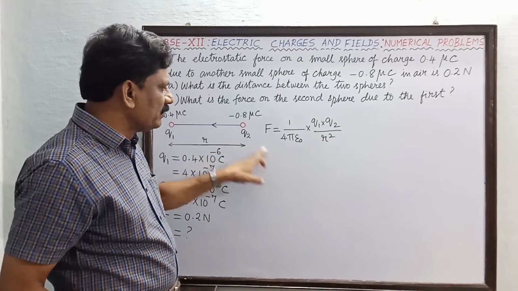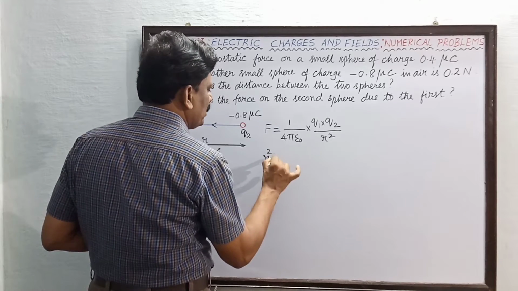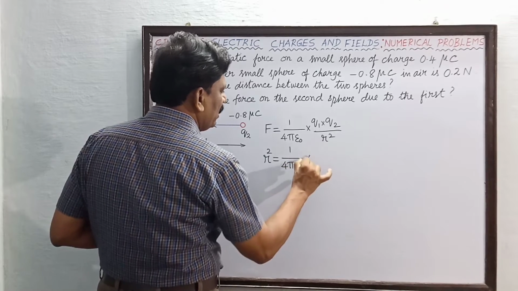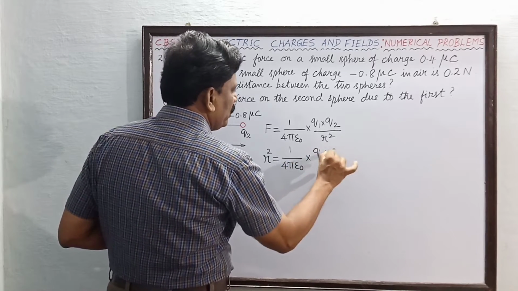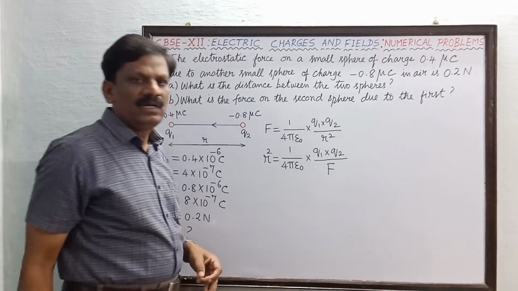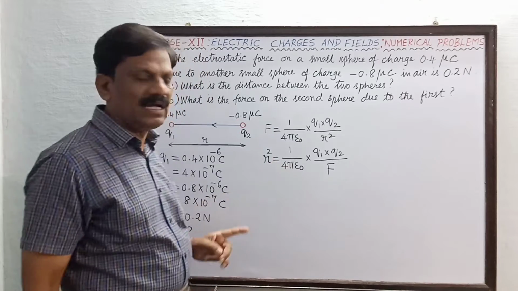So the R square term can be taken to the left. So R square is now equal to 1 by 4 pi epsilon naught into Q1 into Q2 divided by F. After finding R square, I will take the square root and find the distance R.